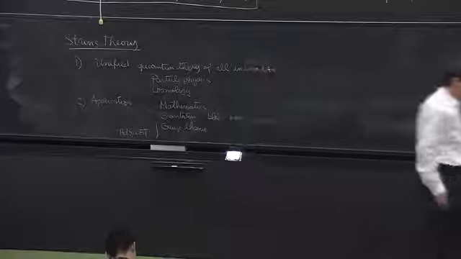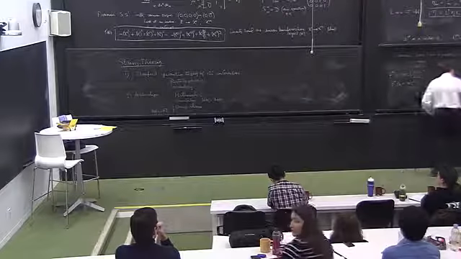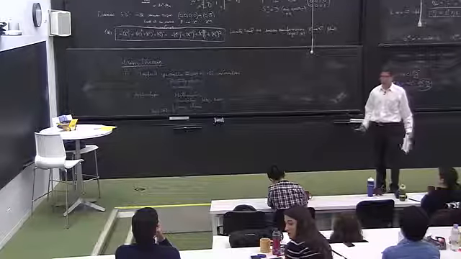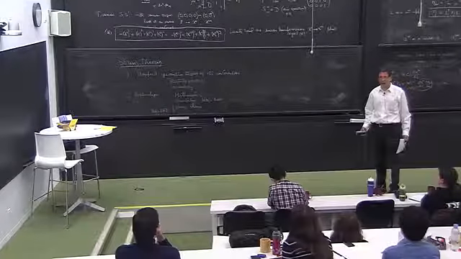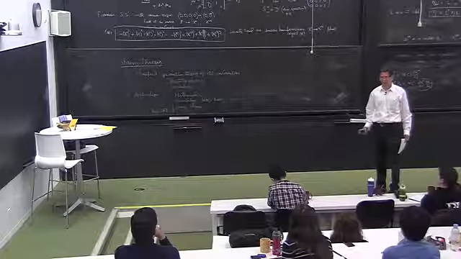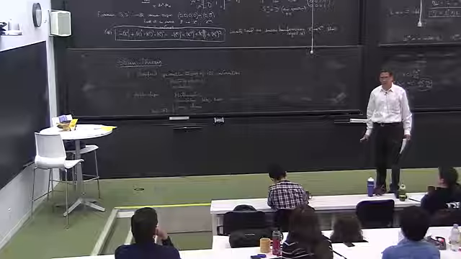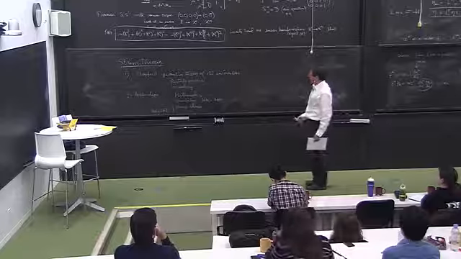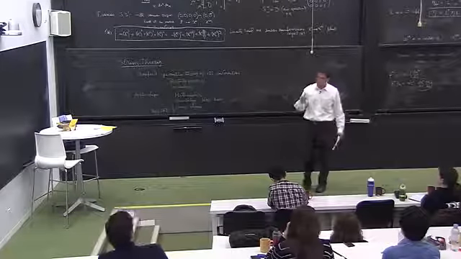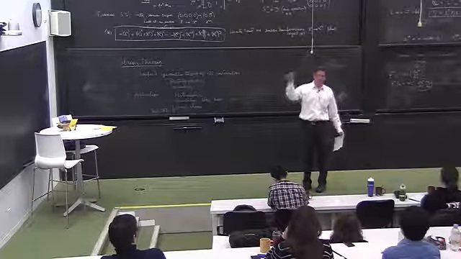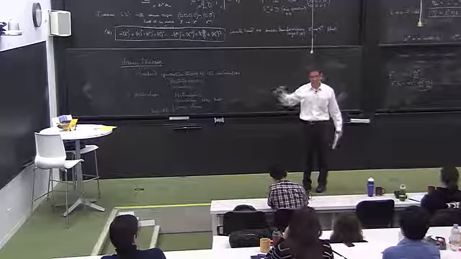So maybe, can I ask you one question? So do you define this minus sign, minus ds squared equals eta mu nu dx mu dx nu? Right, yeah. That's very non-standard. No, it's not very non-standard. I think Dirac does it, and there are several other relativists that do it. It's the constraint that you want ds to be positive for a time-like interval, and you want eta to be minus plus plus plus.